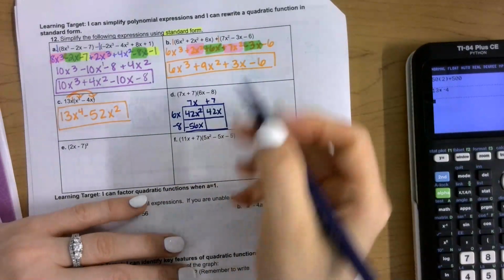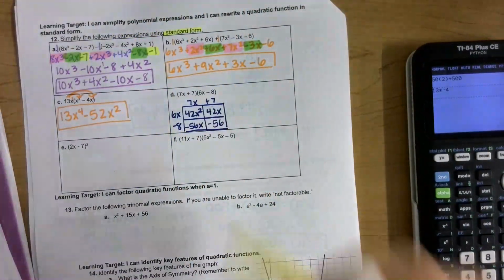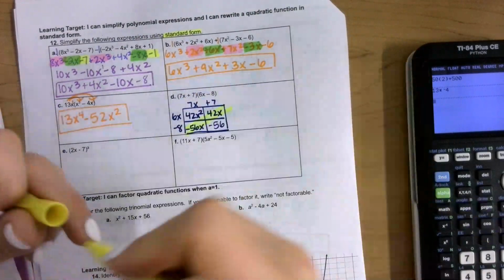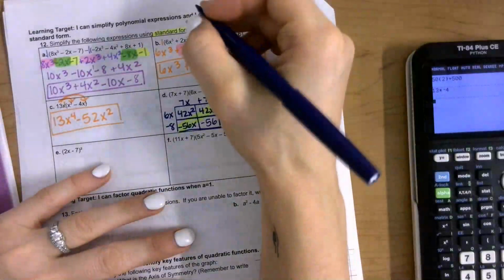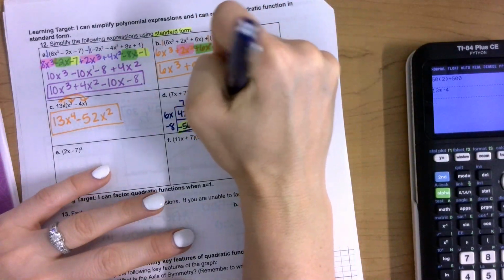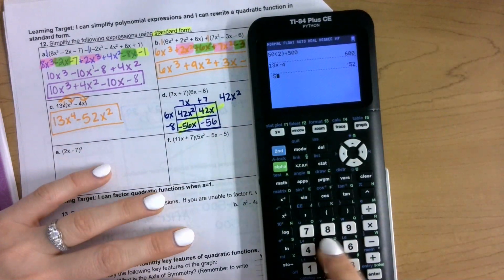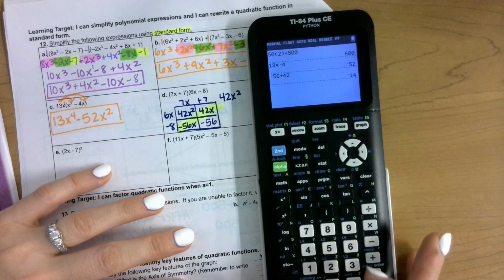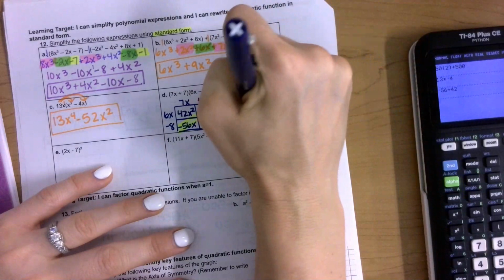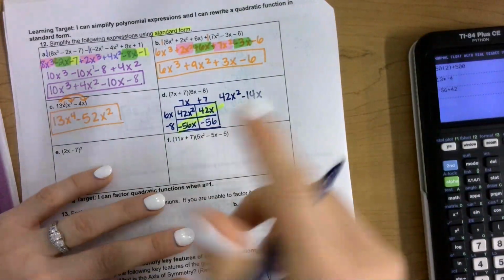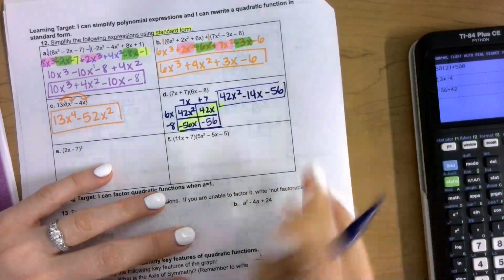And 7 times negative 8 is negative 56. Always combine your like terms in these diagonal boxes. And then to write in standard form, we always start with our x squared term, 42x squared. Then we simplify. Negative 56 plus 42, negative 14x. And then our constant is negative 56. And that is our final answer.